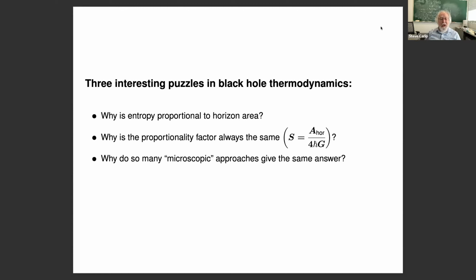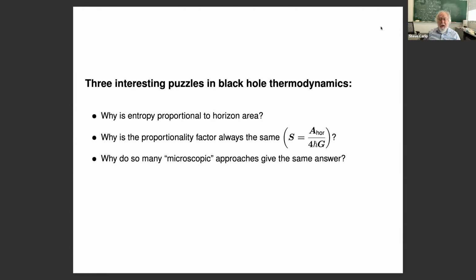These three puzzles are, first of all, why is entropy proportional to horizon area rather than, say, volume of a black hole? Second is the question of why the proportionality factor is always the same, no matter what kind of black hole you're looking at. It's always a quarter of the horizon area in Planck units.